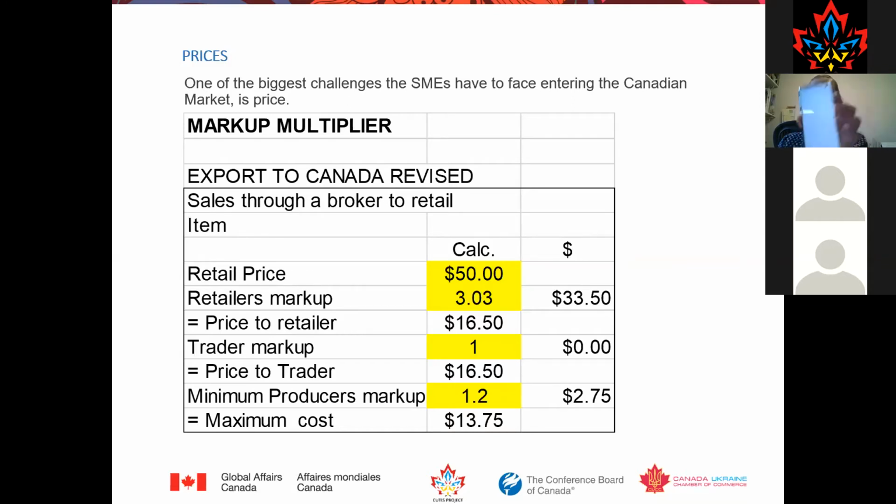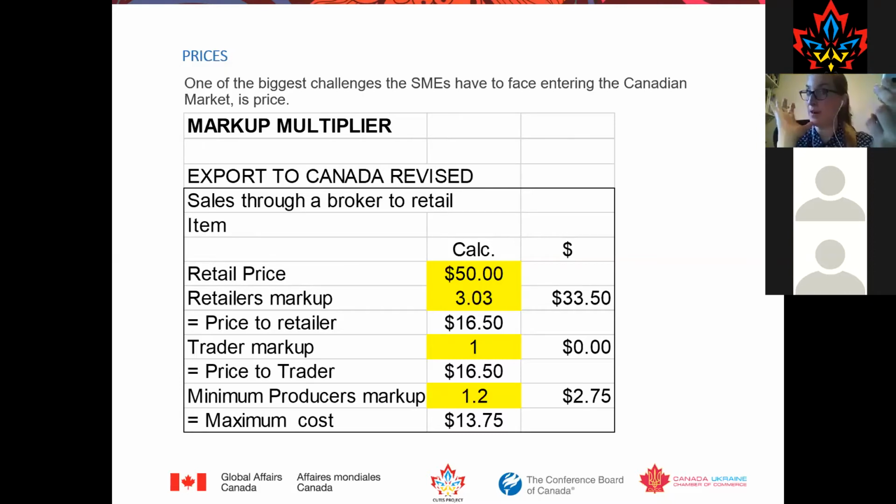How do I know from this $80 how much the garment really costs the buyer? You divide this price, $80, by 5 or 6. This is the price for the garment.